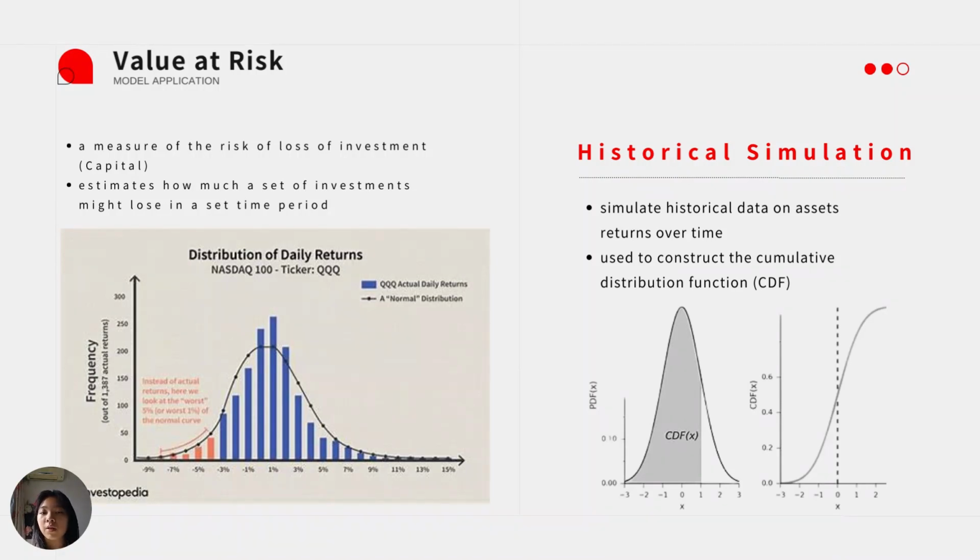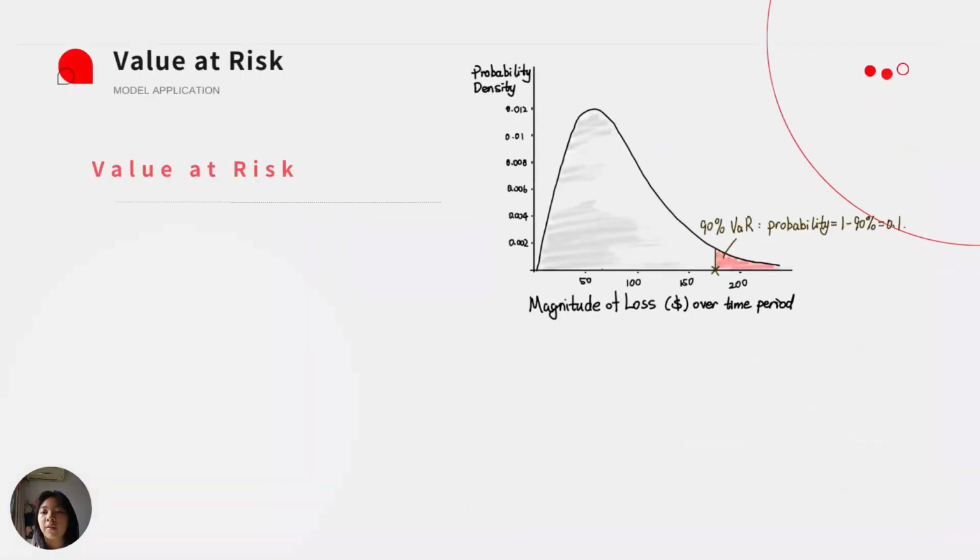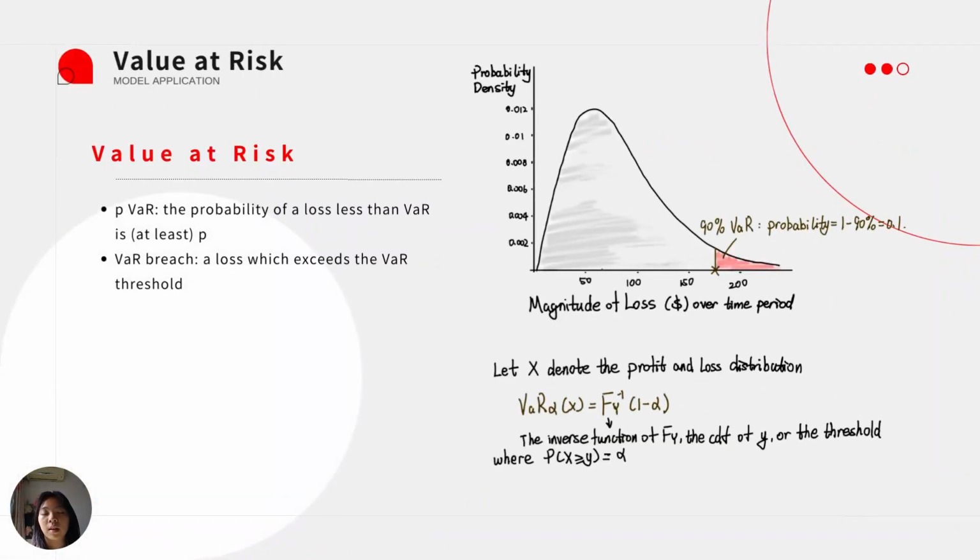To briefly introduce what a CDF is, a CDF is the probability for a random variable x to take on a value that is less than or equal to a specific number x. So now let's dive into the calculation involved in this model.